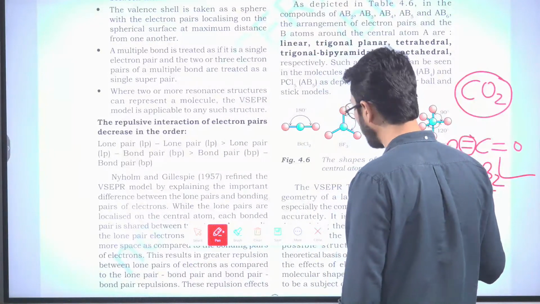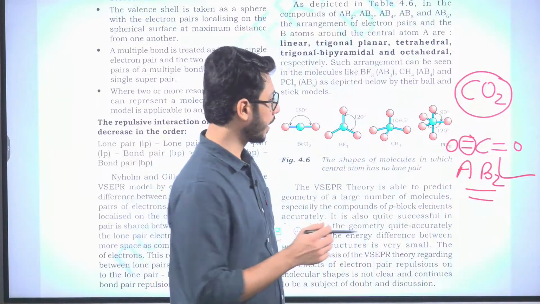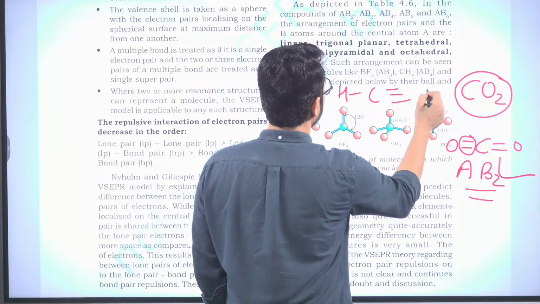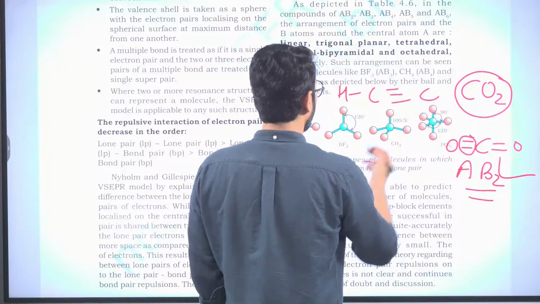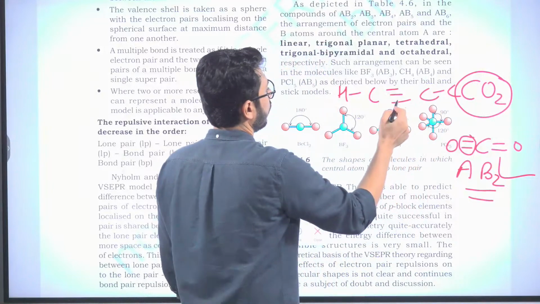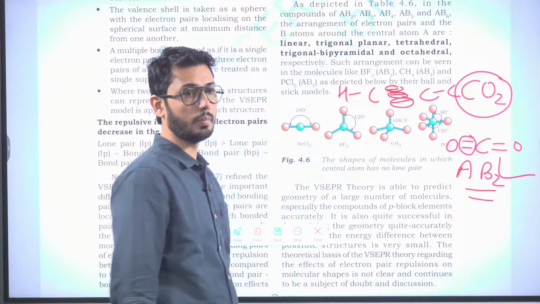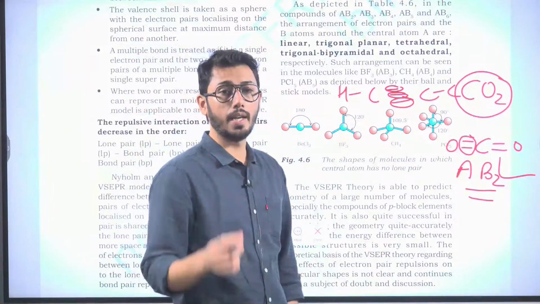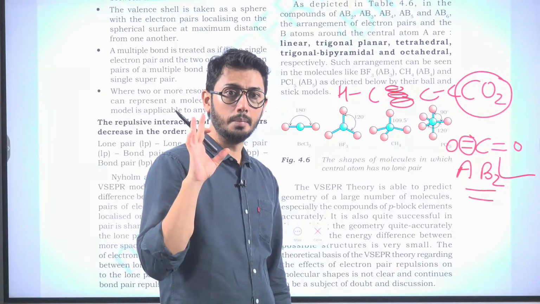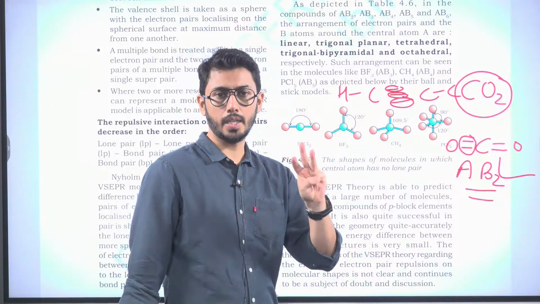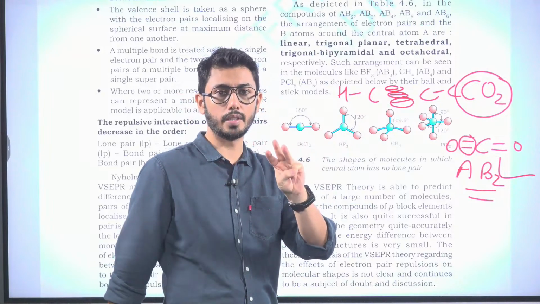Is this clear? Or we can take another example, HCN. These are electron pairs in the bond. Here 3 electron pairs in the bond are there.